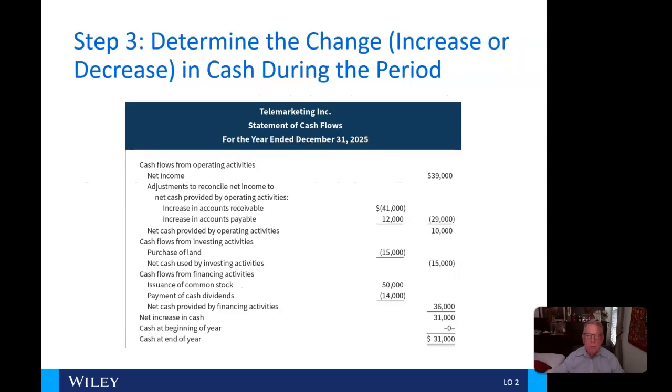Okay, so now we can do the cash from investing activities here and the cash from financing activities here. So the net increase of these three items equals 31,000 net increase in cash. Because this was a new company, there was zero beginning cash.